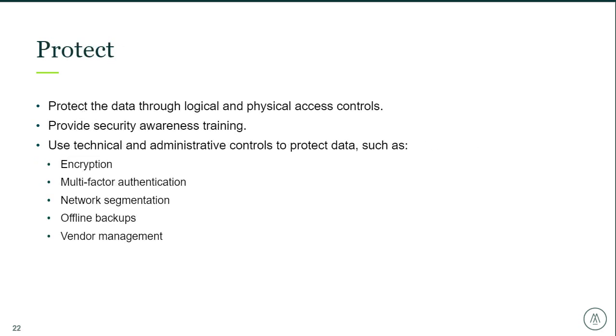And so that's where we come into the protection pieces. So implementing logical or physical access control. So we're assigning permissions and users to this data, and it's all based off of some sort of need based off of their job responsibilities. We're doing security awareness training.